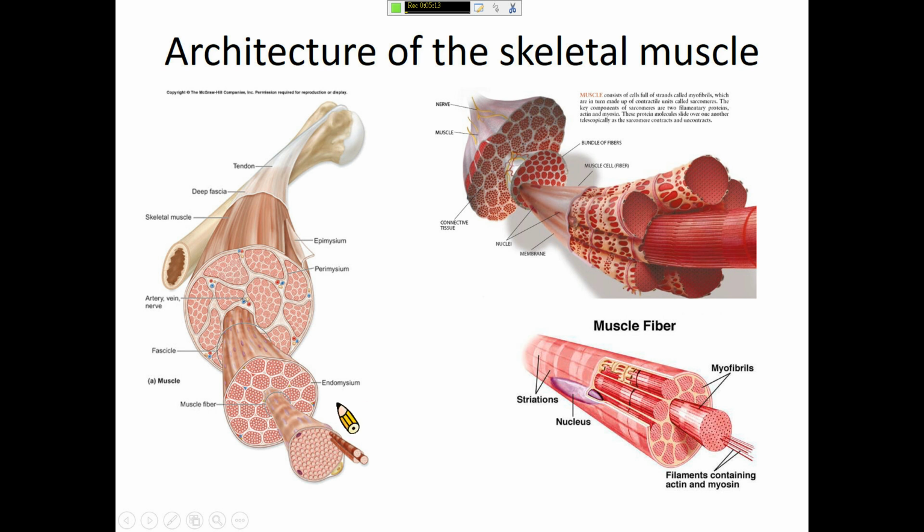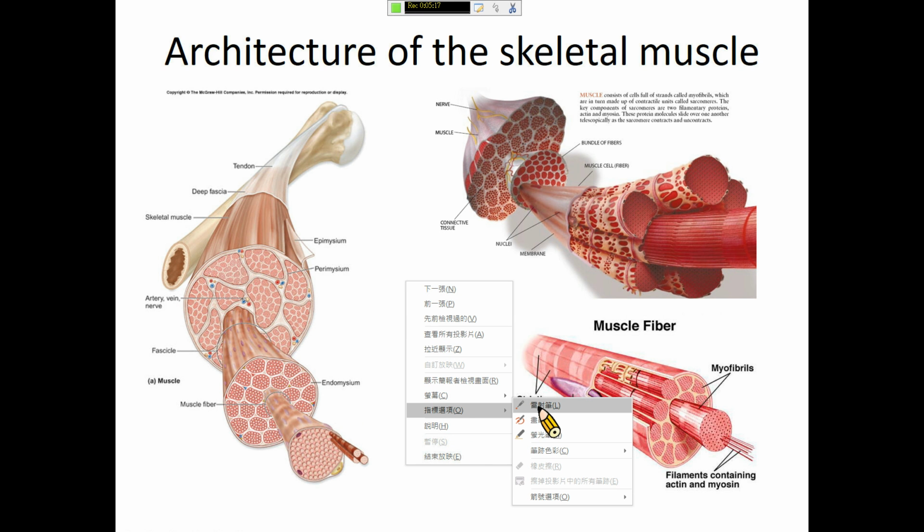if I use another cursor, maybe better. Okay. A white cursor is not so clear, right? Can I change the color of the cursor?